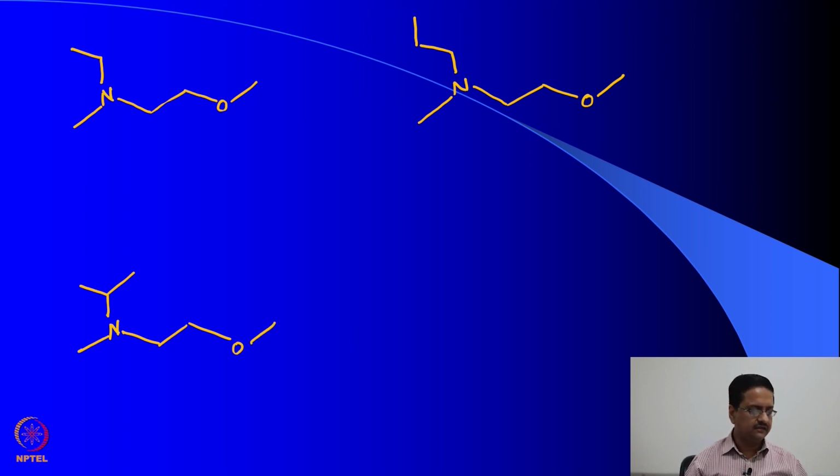So, what we see here in the first molecule among these three, we have this ethane moiety, which can be numbered as 1 and 2, and then here on the 2 position we have a methoxy group. On nitrogen we have one ethyl and one methyl substitution.